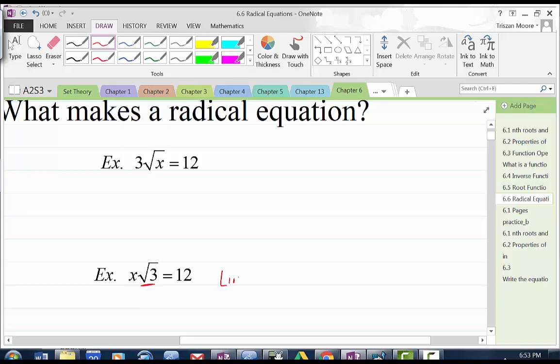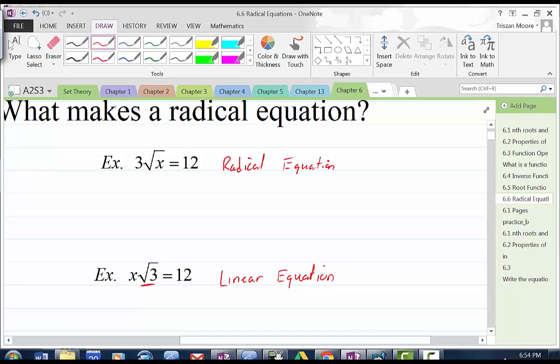But this right here is our linear equation. With a linear equation, the most you're going to get is one solution. With a radical equation, it depends. This right up here, we'll call this a radical equation.